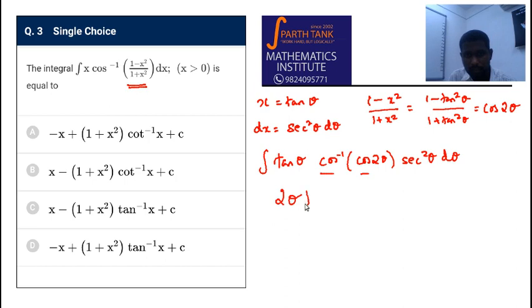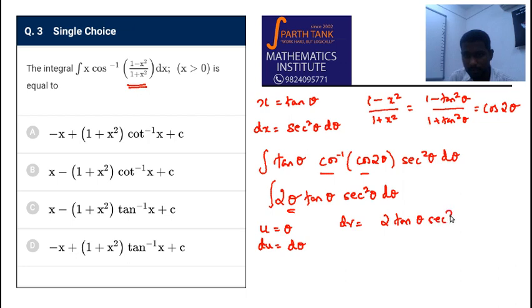So 2 theta tan theta secant squared theta d theta is the integral. Now take this as u, because we are going to do integration by parts, and du is straightforward d theta. All the rest you take as dv, that is 2 tan theta secant squared theta d theta as dv.